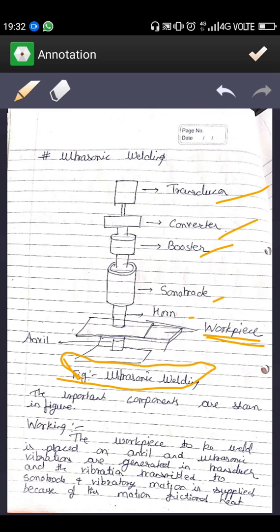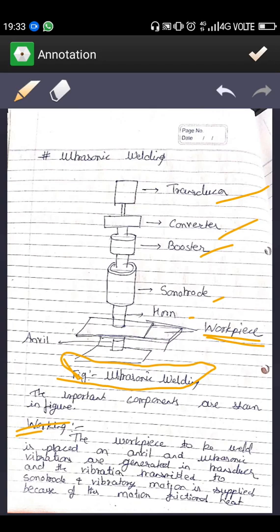Now we are going to see the working principle of ultrasonic welding. In ultrasonic welding, the workpiece to be welded is placed on an anvil, and ultrasonic vibrations are generated in the transducer.